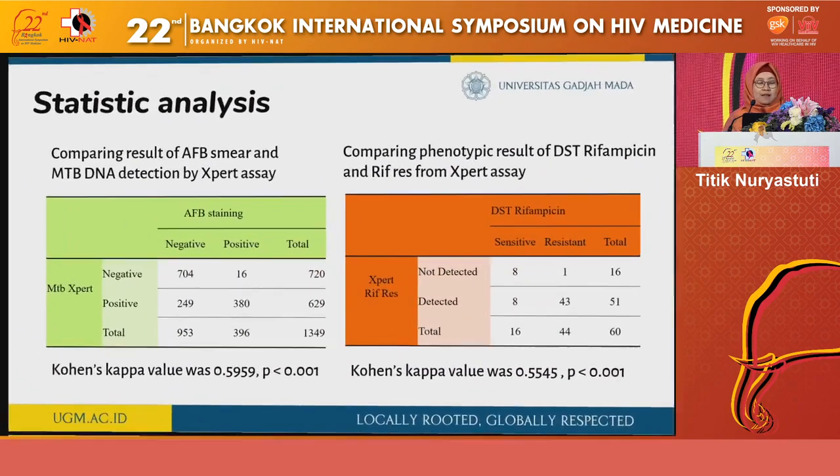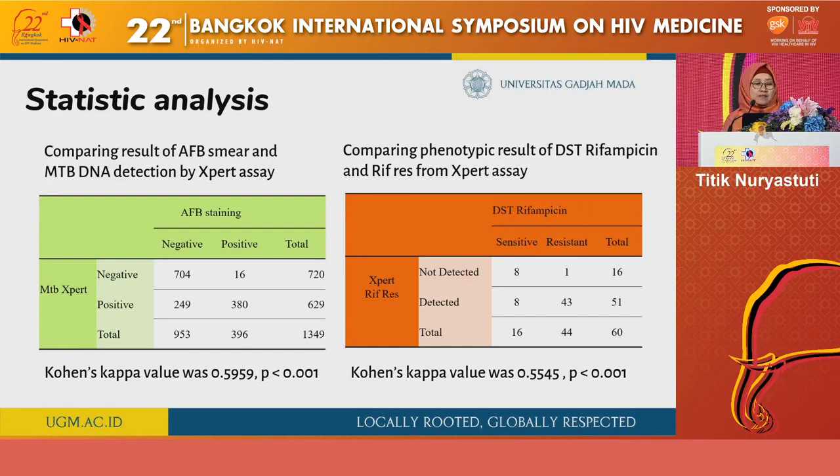In terms of statistical analysis, we compared the result of AFB smear and MTB DNA by Xpert assay. As you can see here, we found moderate agreement between AFB staining and MTB Xpert to determine the TB cases. It is similar to the previous result.